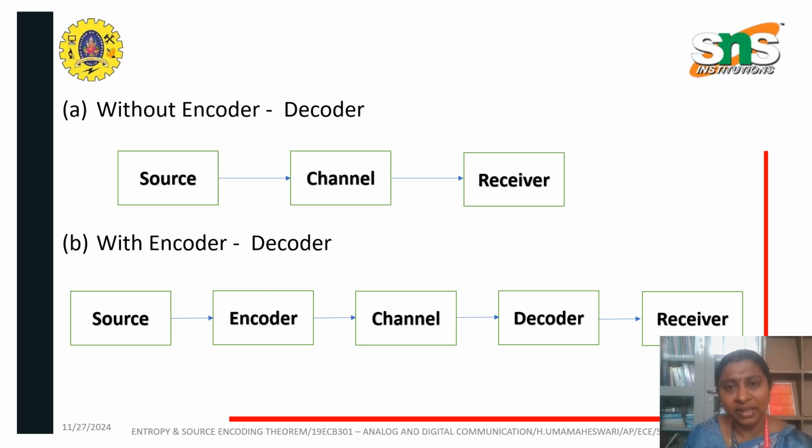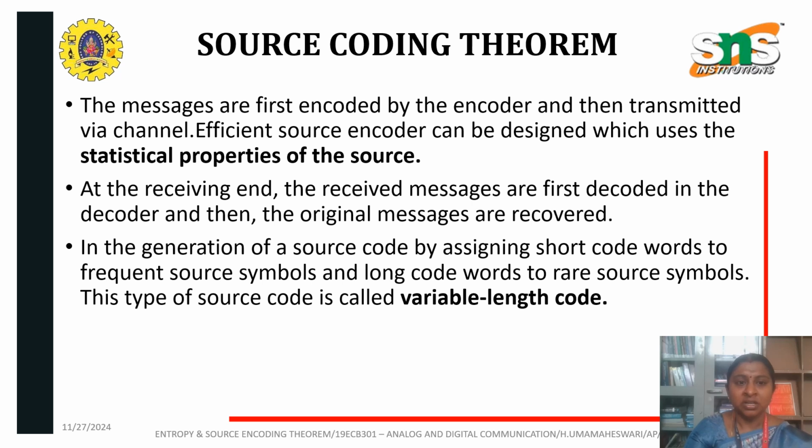Here we have a system without encoder and decoder, and one with encoder and decoder. The first has source, channel, and receiver; the second has source, encoder, channel, decoder, and receiver. The messages are first encoded by the encoder and then transmitted via the channel. An efficient source encoder can be designed which uses the statistical properties of the source.